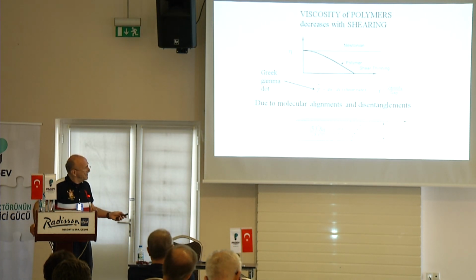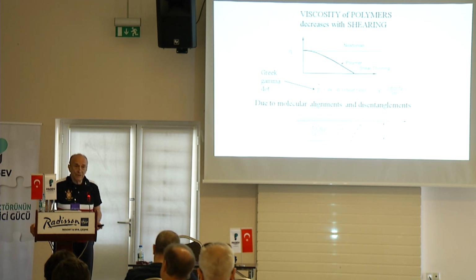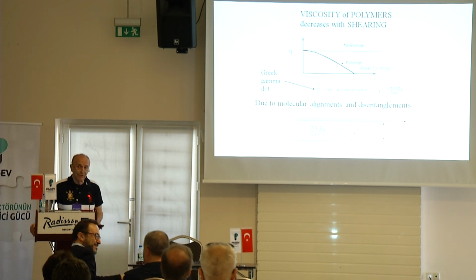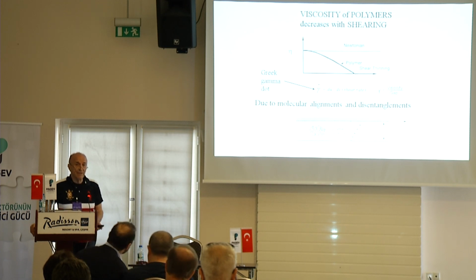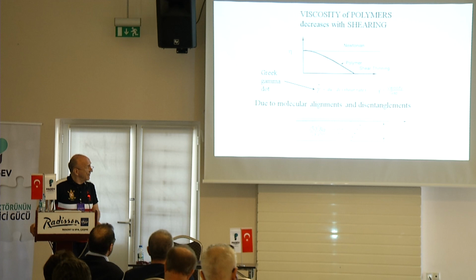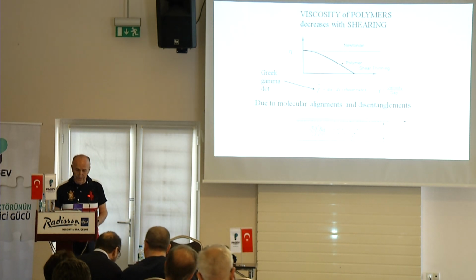This is because we have a polymer, which is a collection of long chain molecules, and upon application of stress, they tend to disentangle, they align in the direction of the flow, and consequently, the resistance that they represent is reduced.